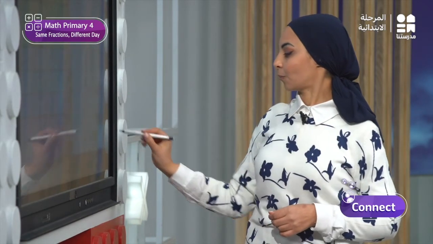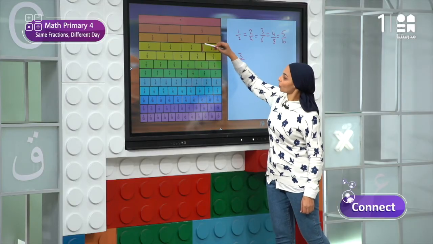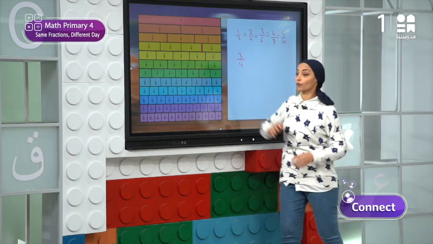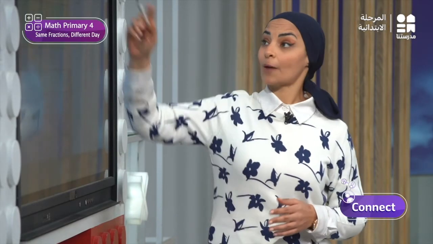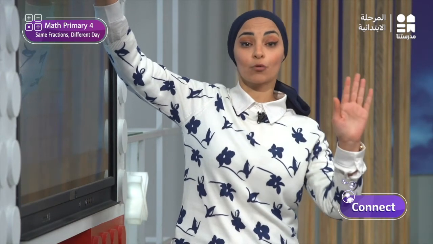Okay, so let's first rub this to see the next problem. Now here you want an equivalent fraction to 3/4. The same way exactly. I will stop at the end of the bar representing 3/4. So I will stop here because this is 3/4. And I will go down. Now if you go up, will you find any equivalent fraction? No. If we go up we won't find any equivalent fraction.